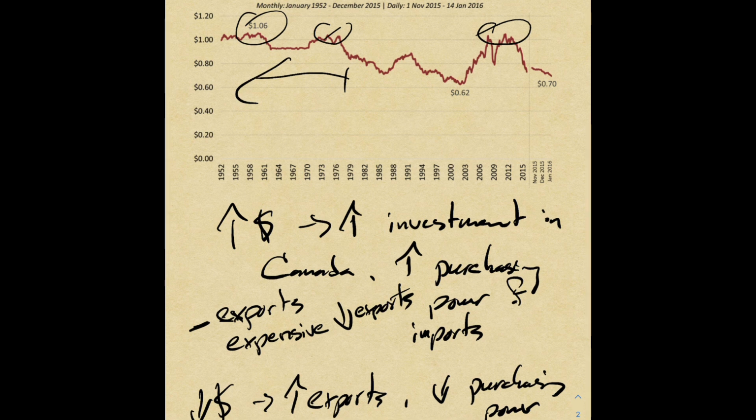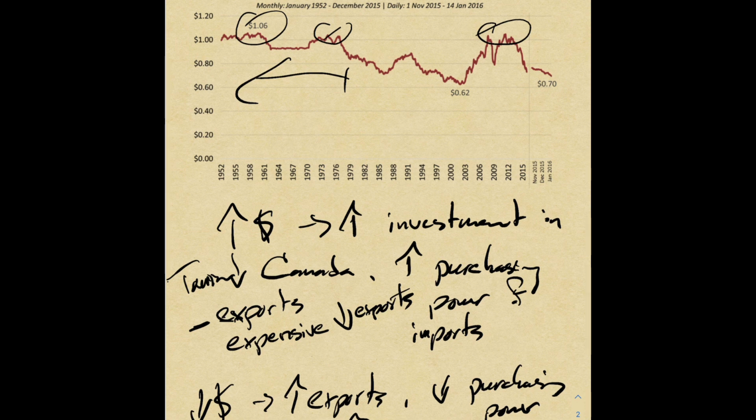Also can have effect on tourism. So this would be, tourism would go up in Canada, and tourism here could go down. But Canadians traveling, more Canadians might travel if the interest rate is favorable.